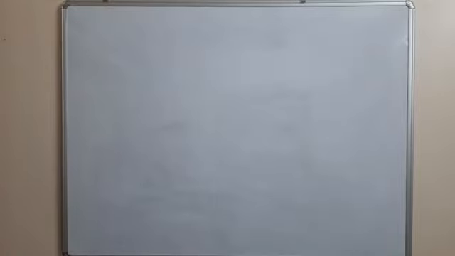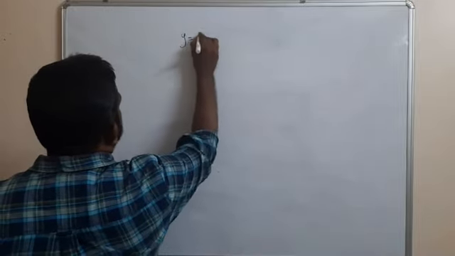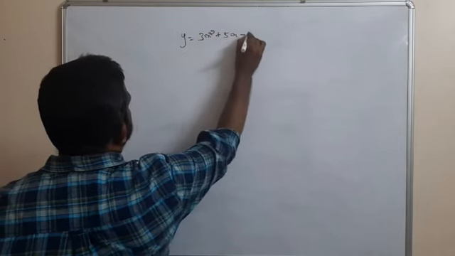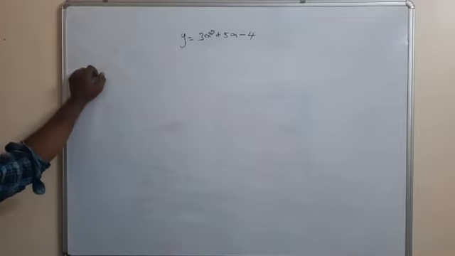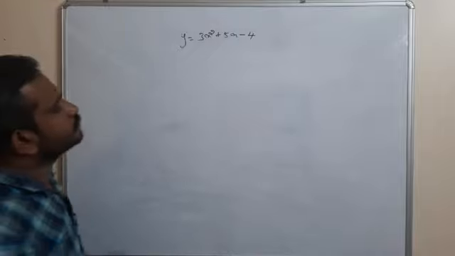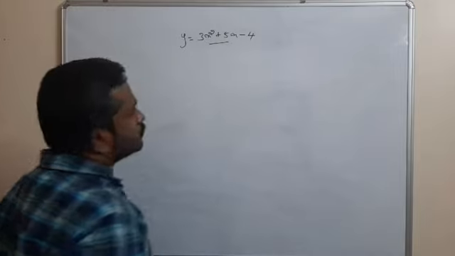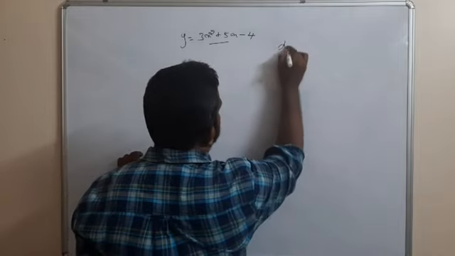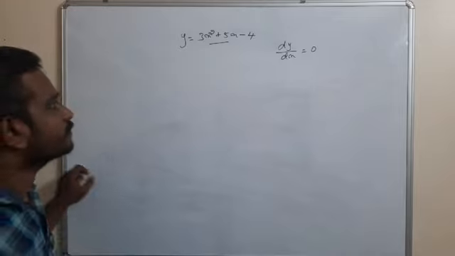So finally, one example. y is equal to 3x square plus 5x minus 4. This is a function. To find the points of maximum or minimum, the logic we are using is dy by dx equal to 0.